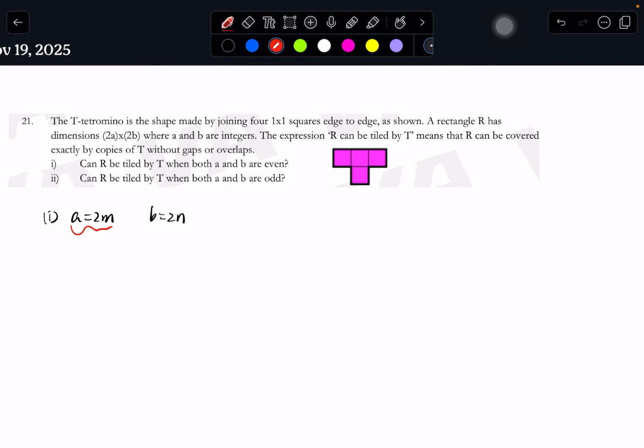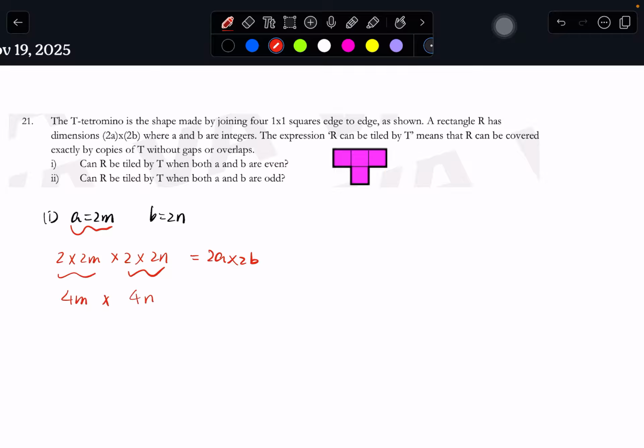Then the dimension of R can be rewritten as 2 times 2m by 2 times 2n, which is 2a times 2b. So the dimension of this rectangle is 4m times 4n.